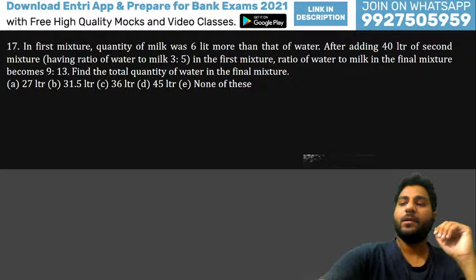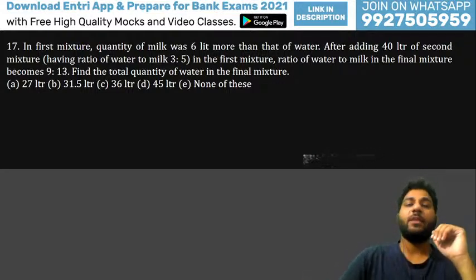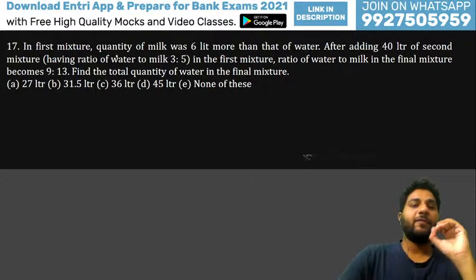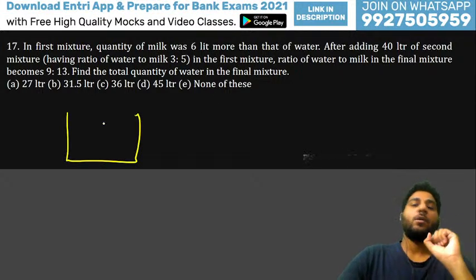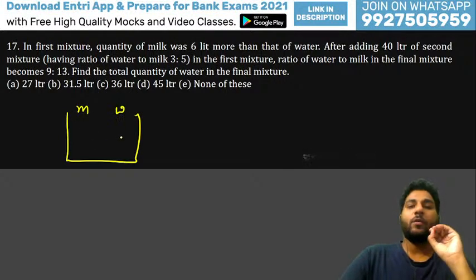Now solve this question. Look at this, it is from milk and water. How are you going to solve this? In the first mixture, the quantity of milk was 6 liters more than the quantity of water. So if the quantity of water was x, the quantity of milk will be x plus 6.